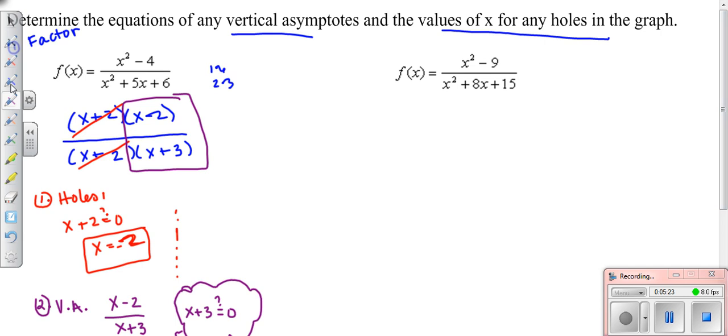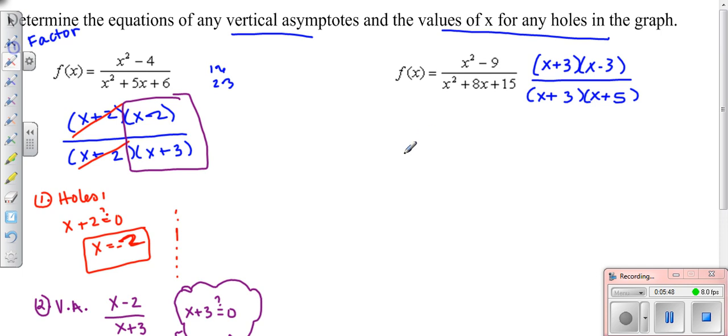So let's go ahead and factor this next one. This is going to factor into x plus 3 times x minus 3 all over, I have plus plus again. How do the factors of 15 combine to make 8? Well, obviously 3 and 5.